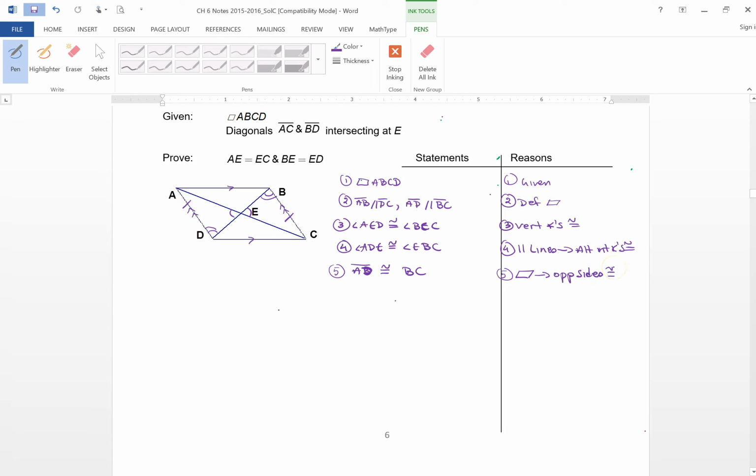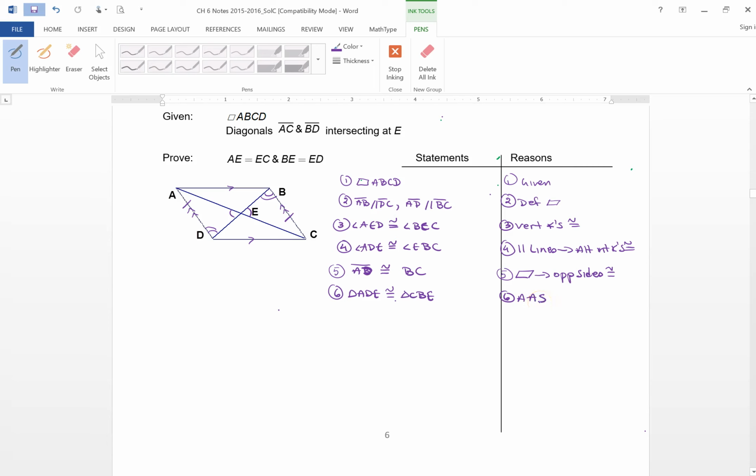Now we're ready to show that these two triangles are congruent, right? So triangle ADE, the one on the left and right, is congruent to triangle CBE. Because of AAS.